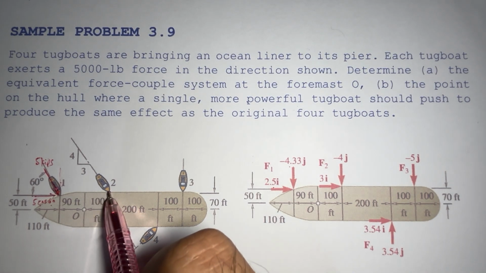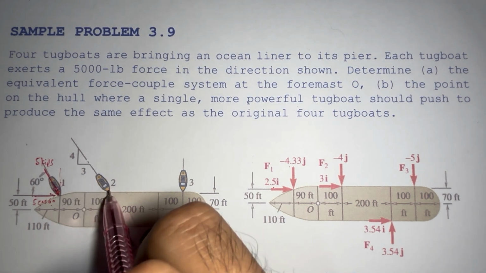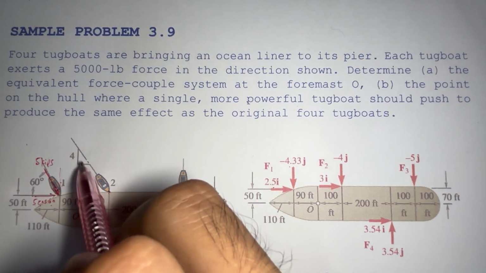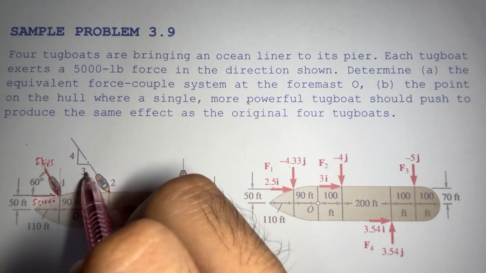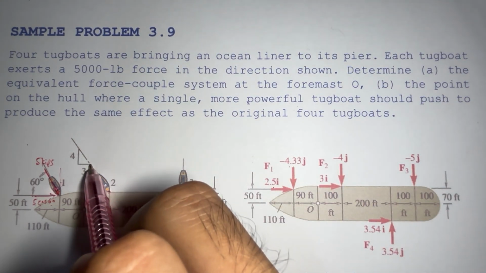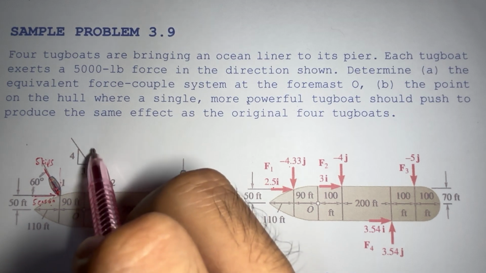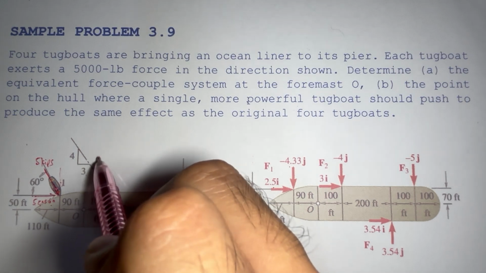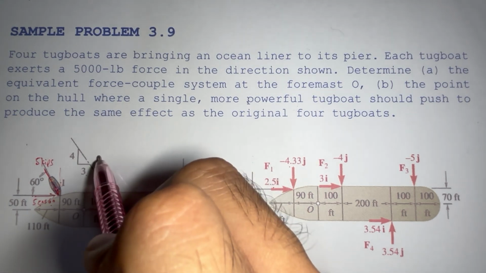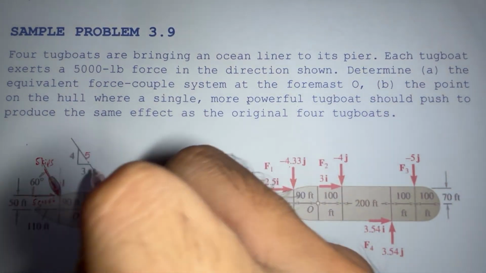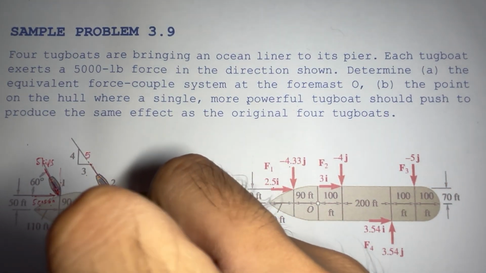So our second tugboat is applied at a point here wherein the proportion of its x and y axis is about 3 and 4. So if we get the hypotenuse of this triangle here, we have square root of 3 squared plus 4 squared, that would be square root of 9 plus 16, that is 25. So square root of 25, we have our 5 here. So our force would be the same, that is 5 kips.